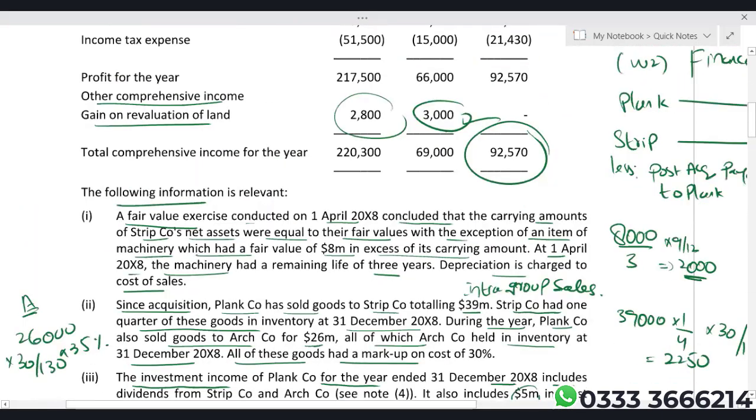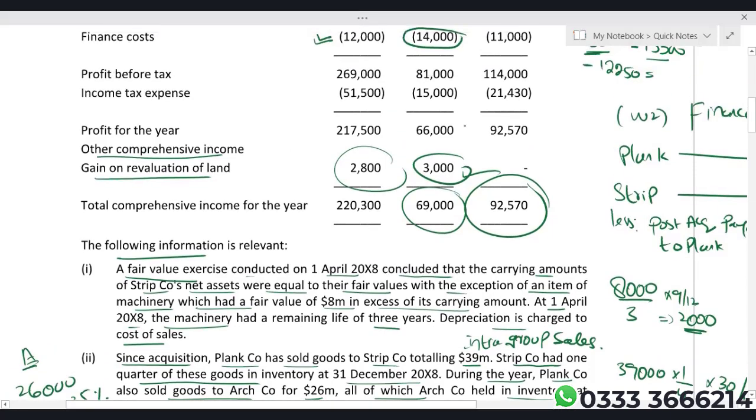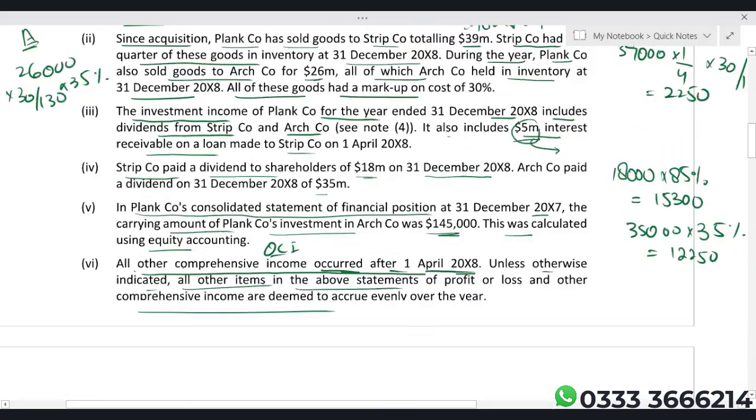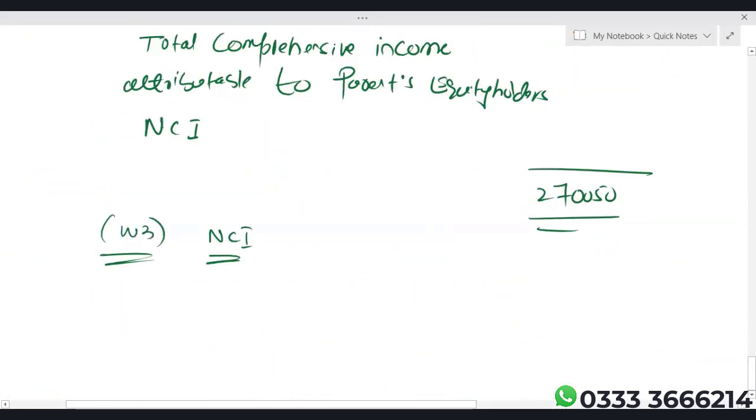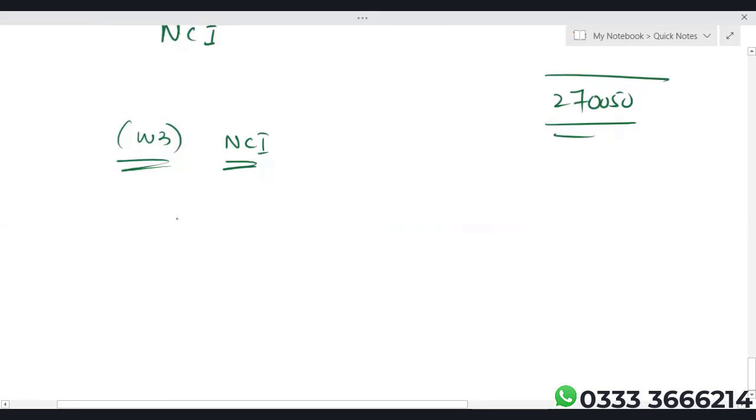Profit after tax of subsidiary, it's here, 66,000. So strip company's PAT is 66,000.